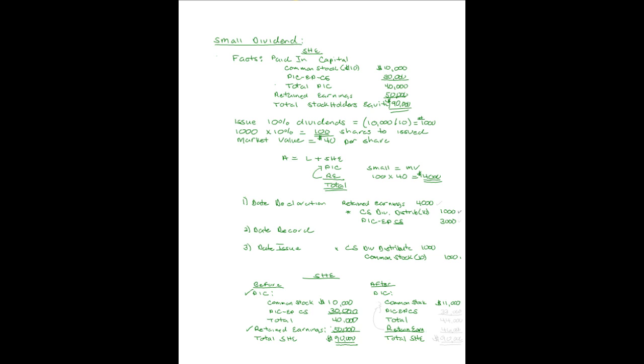It went up $3,000 as a result of these entries, so it'll be $33,000. So my total paid-in capital section will be $44,000. Retained earnings was $50,000, but it will have gone down $4,000, so it will be $46,000. And add the two together, and you'll see it's still $90,000.